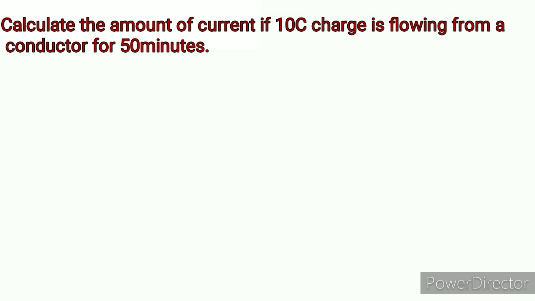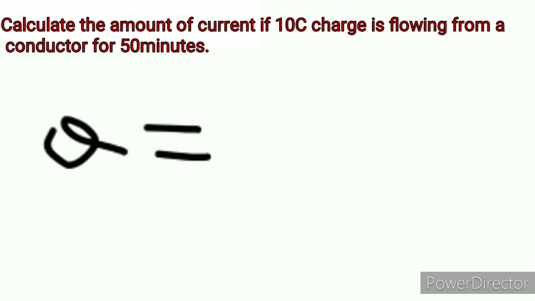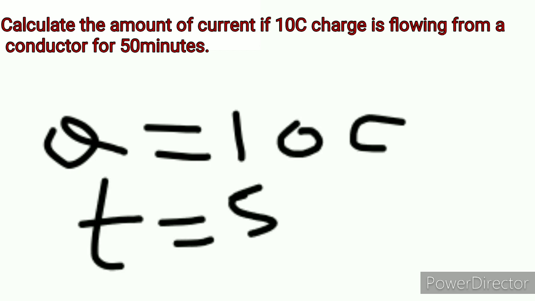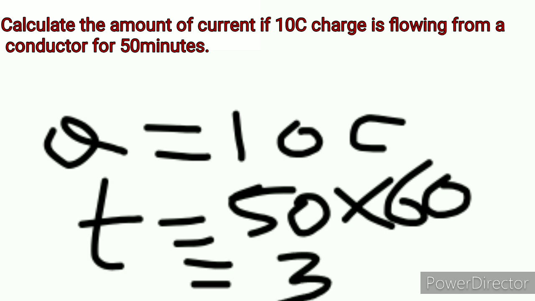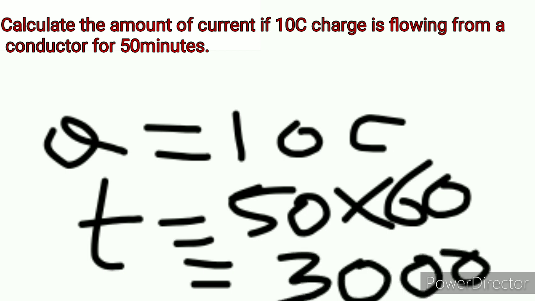The next question: calculate the amount of current if 10 coulomb charge is flowing through a conductor for 50 minutes. In this question the charge and the time are given. So we first note the values. Charge Q equals 10 coulomb, and time is 50 minutes. We change it into seconds by multiplying by 60: 50 times 60 gives 3000 seconds.